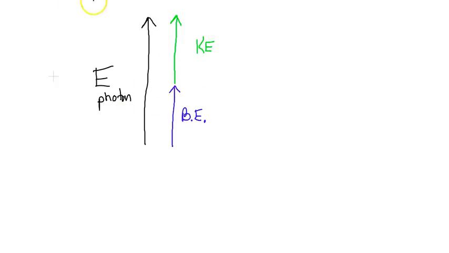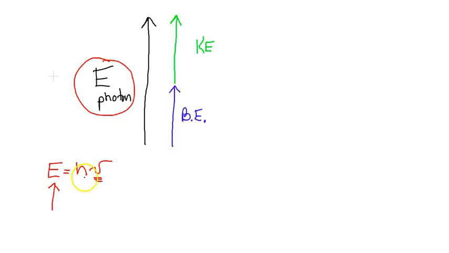All you need to do to solve these problems is understand that the energy of the photon, which is energy per photon, is Planck's constant, given to you in the reference table, times the frequency of the light. You can get that total energy, and by the way, the energy is going to be in joules.